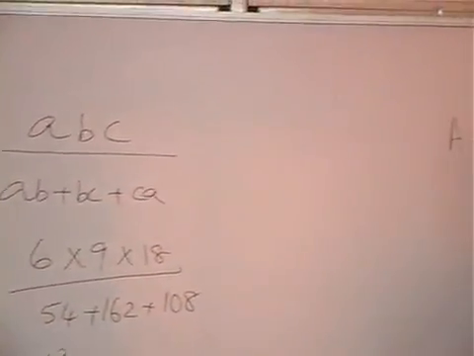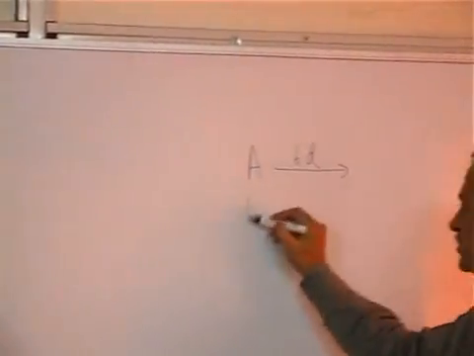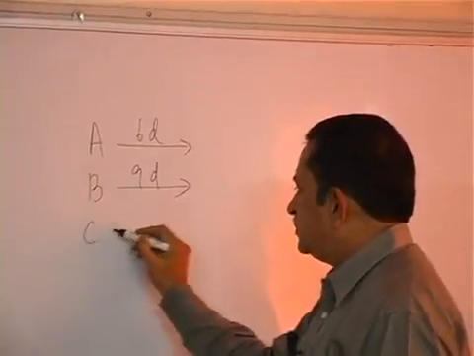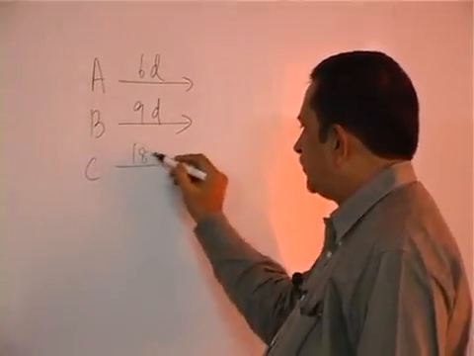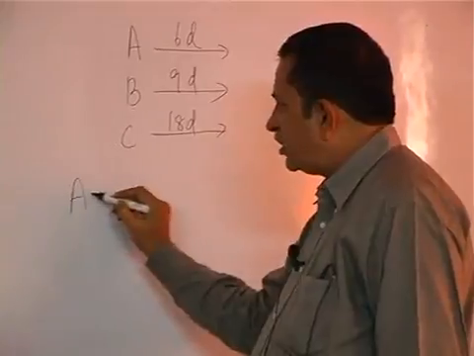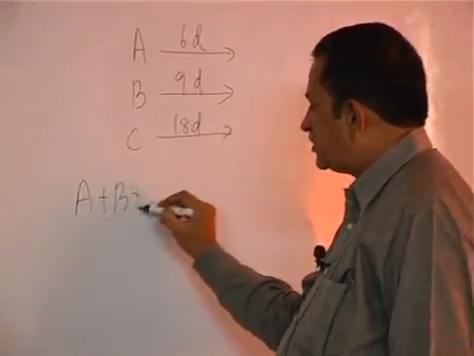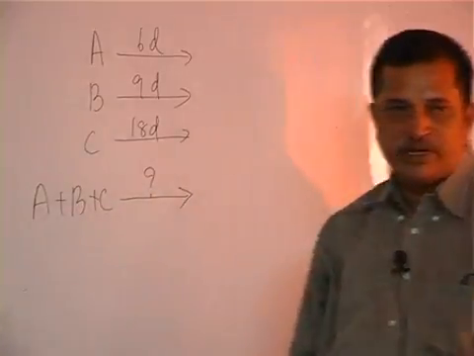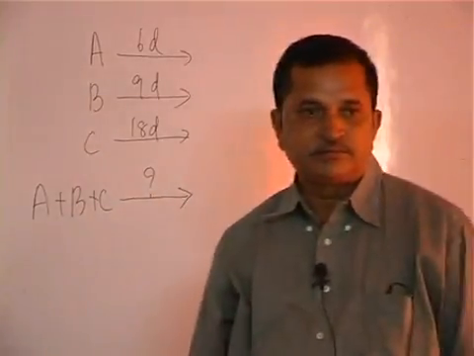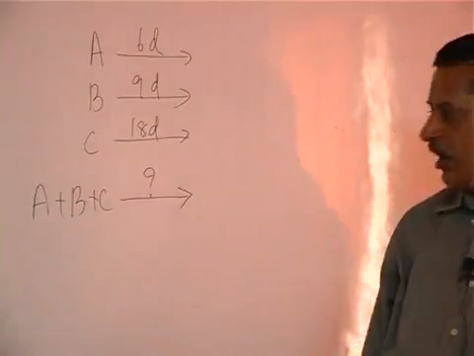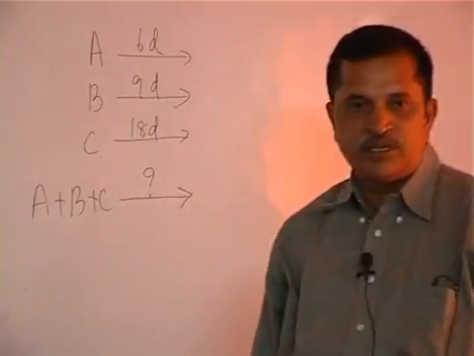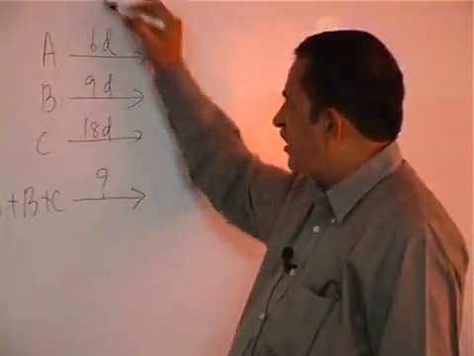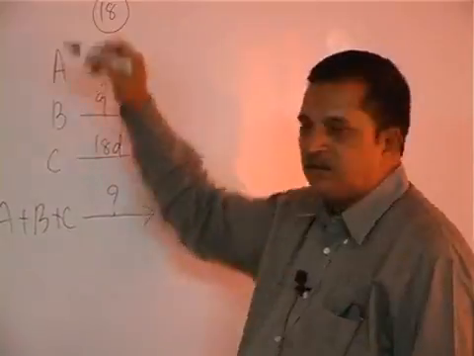A can do a piece of work in 6 days, B in 9 days, C in 18 days. How long do A, B and C together take to do the entire work? What is the LCM of 6, 9 and 18? 18.